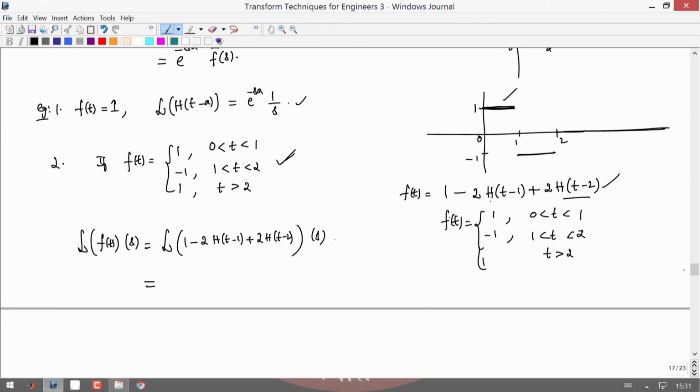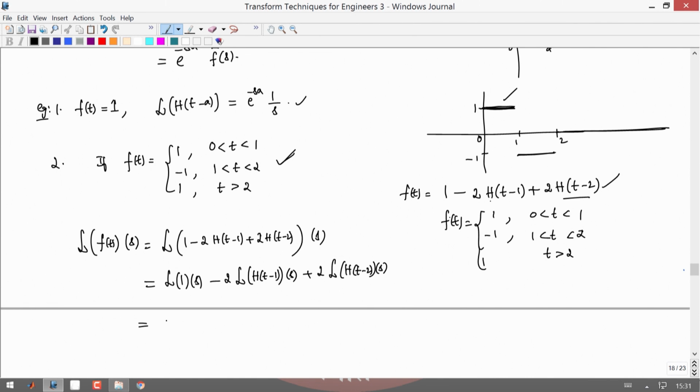So, you can write 3 integrals. Each integral represents a Laplace transform: the Laplace transform of 1 as a function of s, minus 2 times the Laplace transform of h of t minus 1 as a function of s, plus 2 times the Laplace transform of h of t minus 2 as a function of s.